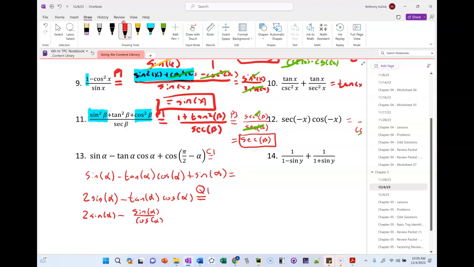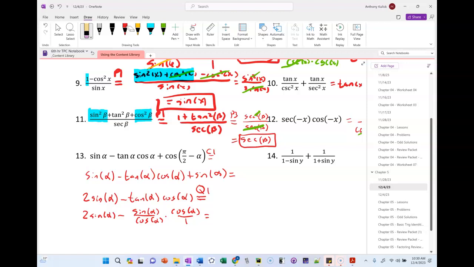Sine over cosine, right? I'm just going to leave the subtraction symbol in front. I'm not going to mess any more with it than that. Since everything is just being multiplied, it's fine. You know what I'm saying?